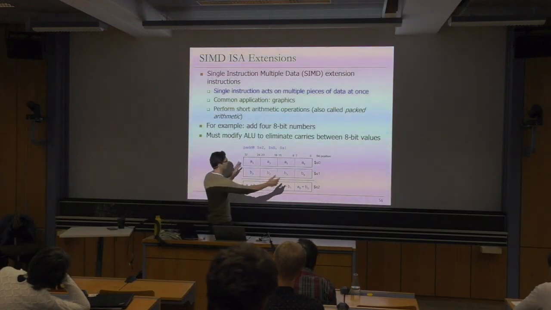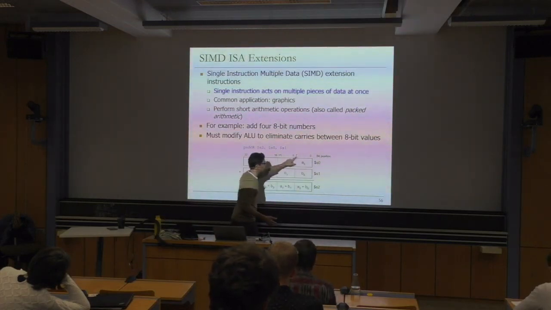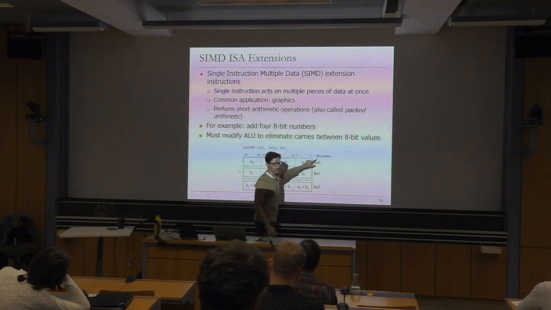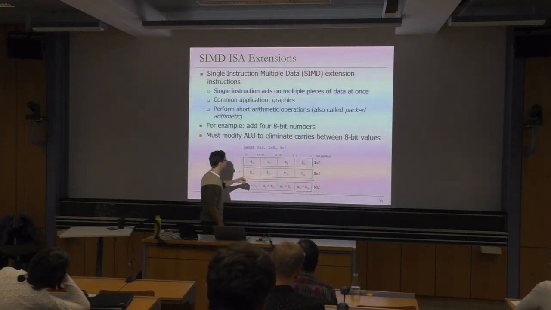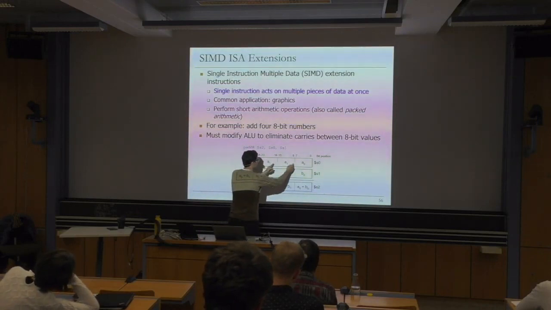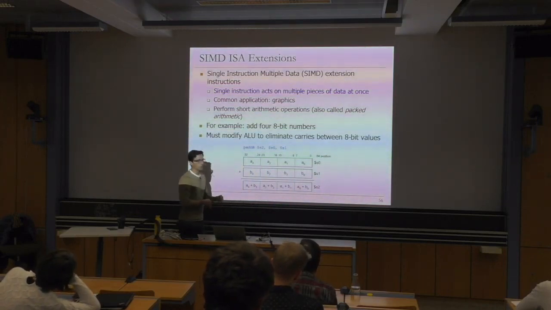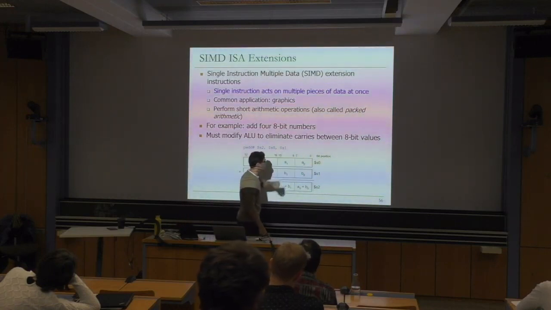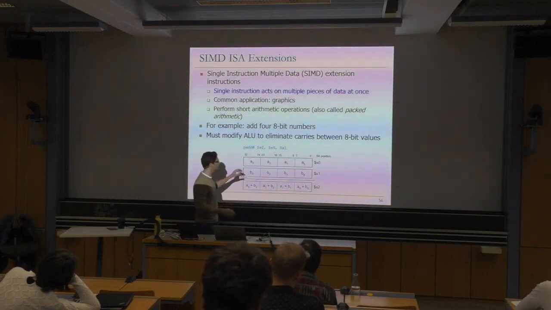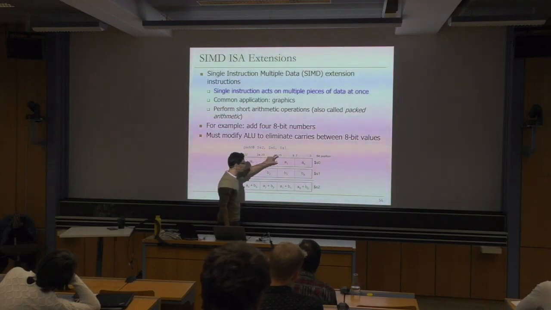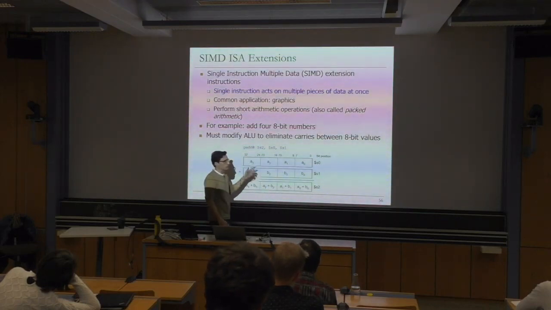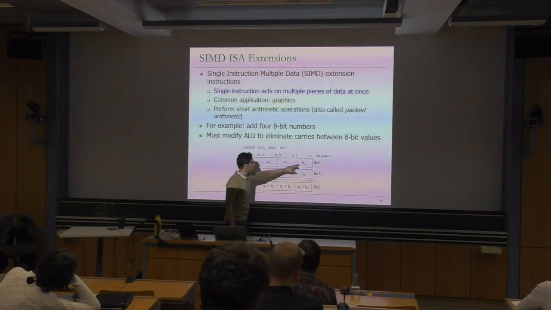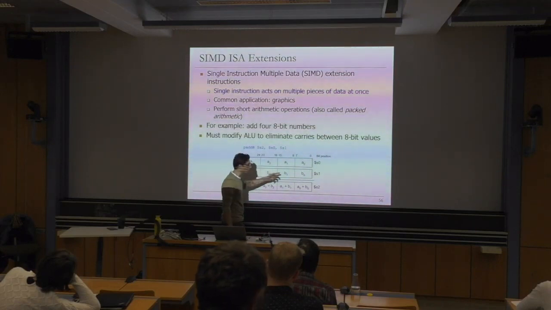So if these are 32 bits, and these 32 bits originally were this register S0, what we can do is divide this register into 4 chunks of 8 bits each, and in each of these groups of 8 bits, or bytes, we store different operands, in this case elements A0 to A3, and in the other 32-bit register we store elements B0 to B3.